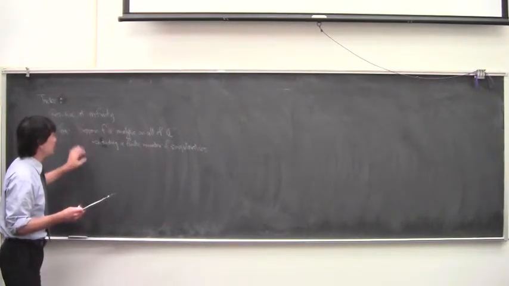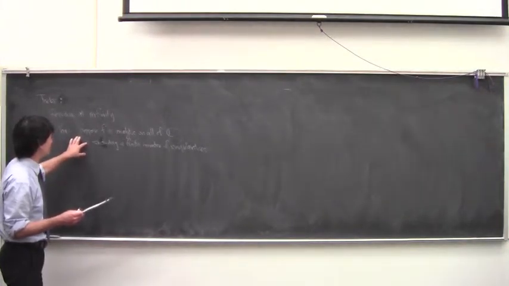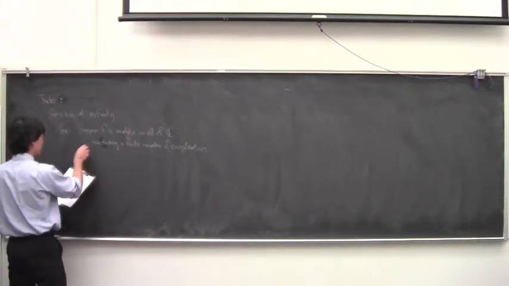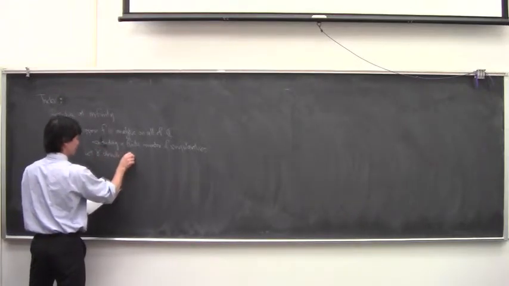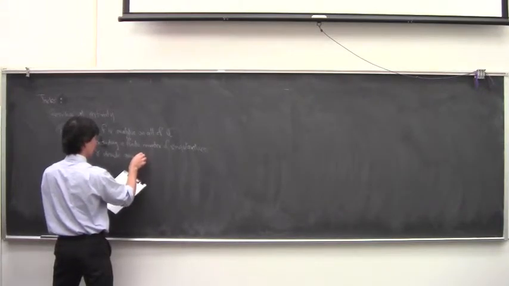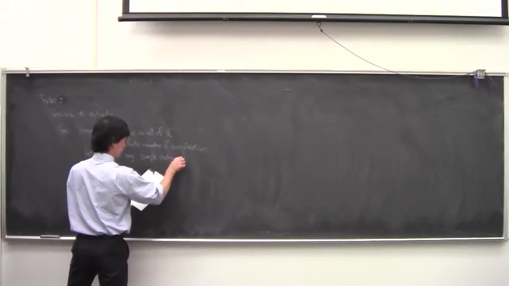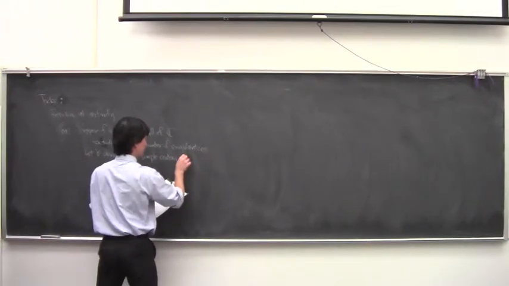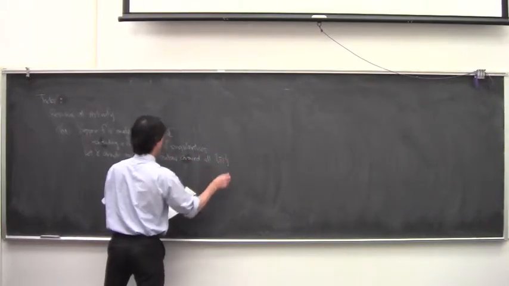Okay. Suppose f is analytic on all of C, excluding a finite number of singularities. Let gamma denote any simple contour around all of the singularities.